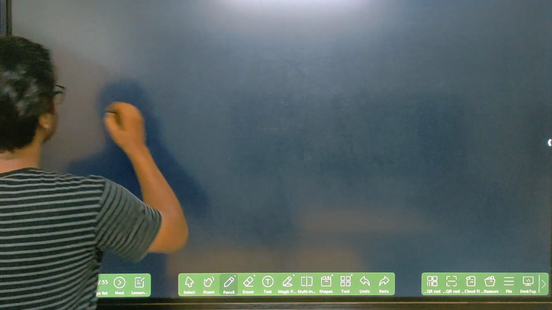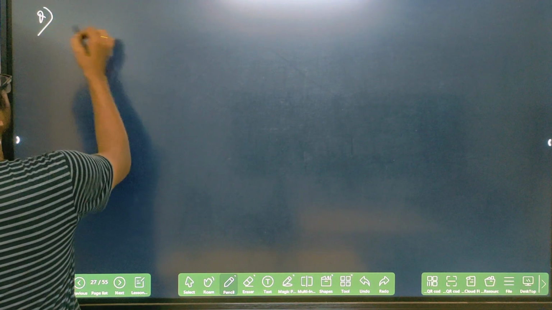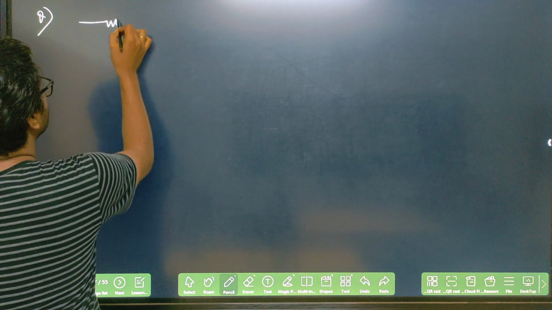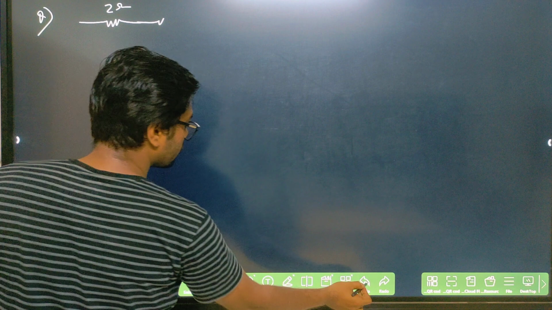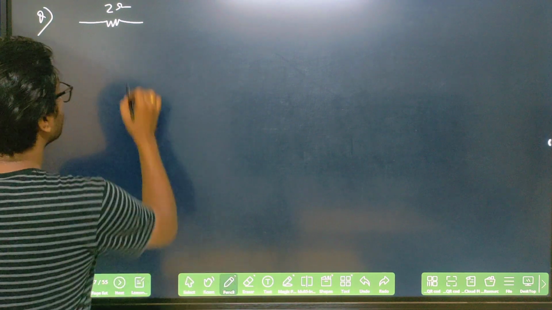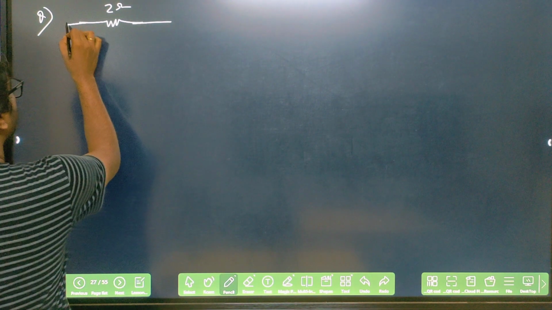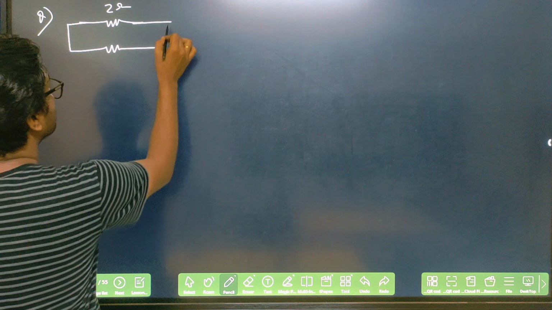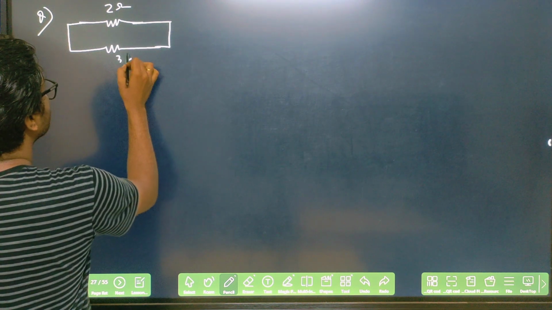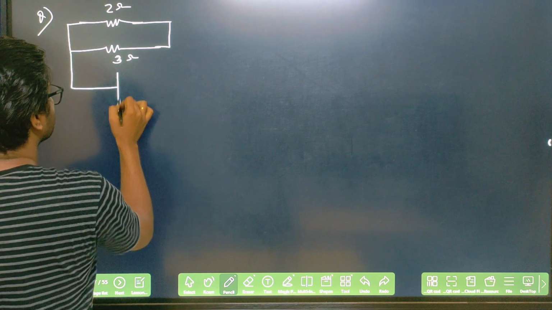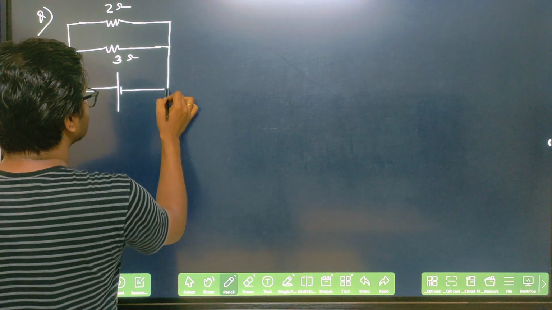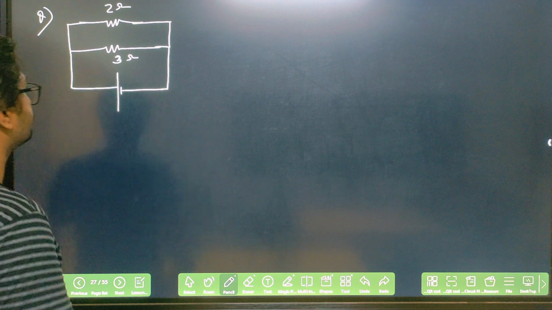Let's do one problem. So this is 2 ohm, I just have to put it in, this is in parallel. This is 3 ohm and it is connected like this, right?